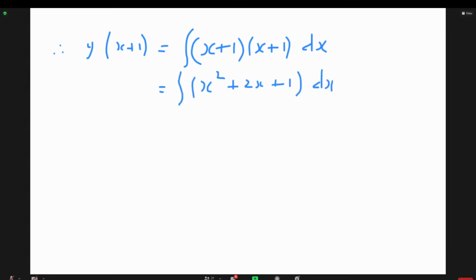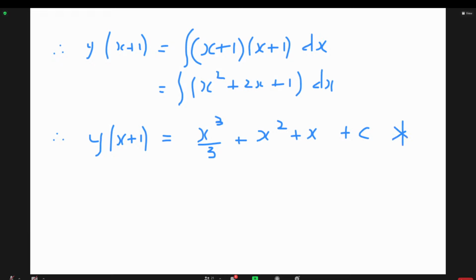So therefore, y times x plus 1 equals x cubed on 3 plus x squared plus x plus c. And in a case like this, we will leave our answer like that because to bring this x plus 1 on this side means that it's just going to get very, very tricky.